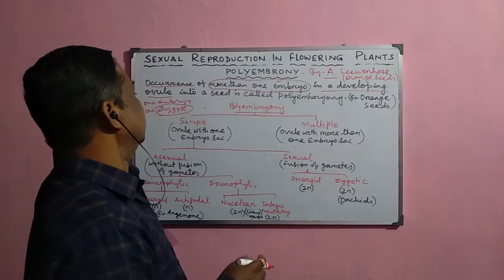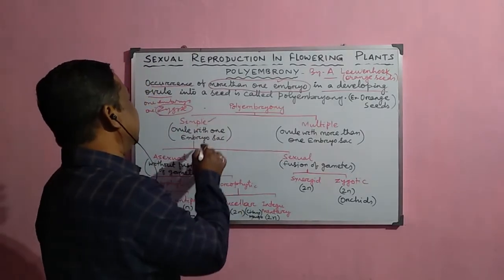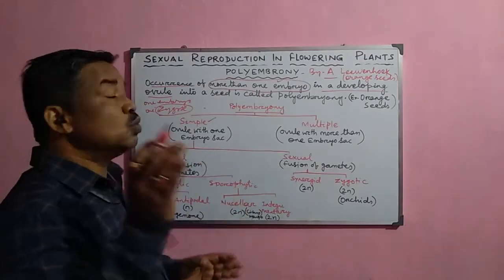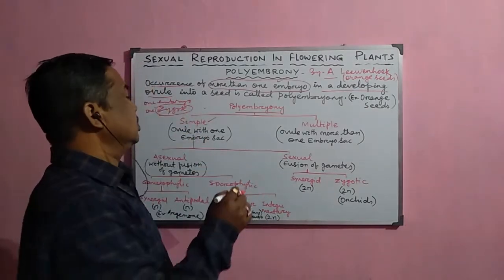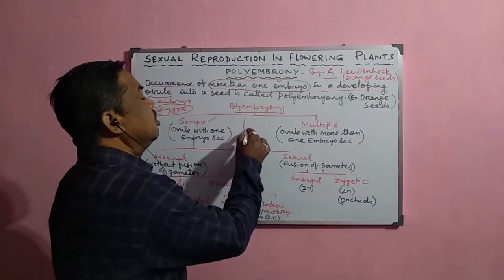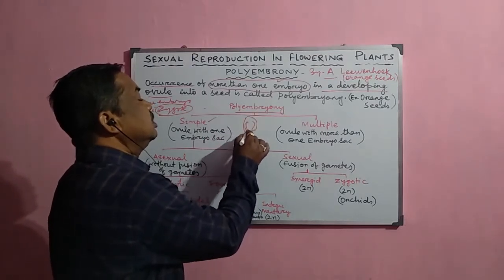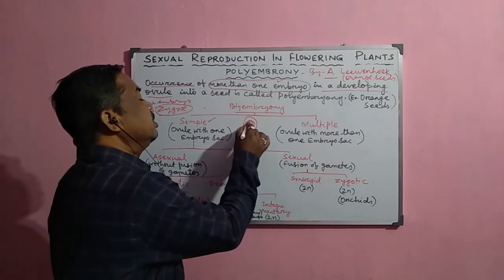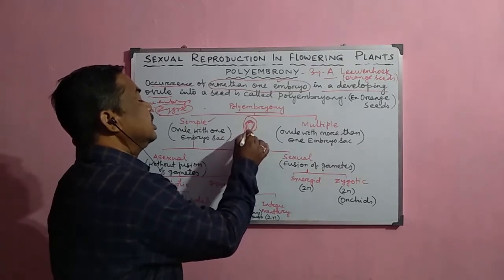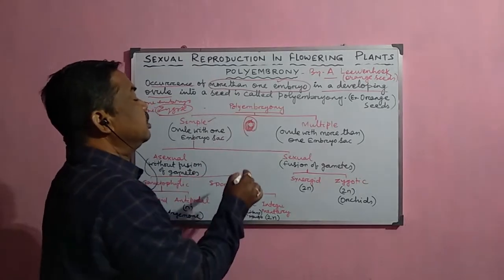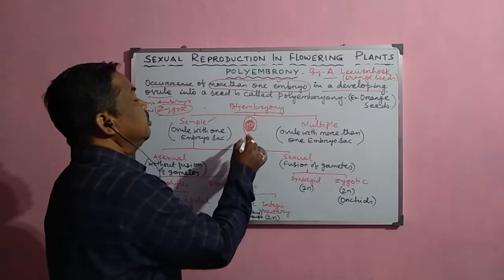Now this polyembryony may be of simple type, with one ovule with one embryo sac. Suppose this is an ovule, and as we have already discussed the structure of the ovule, inside it there is one embryo sac, and inside the embryo sac, this is the egg cell, this is the synergid cell, these are the antipodal cells, and this is the diploid polar nucleus.